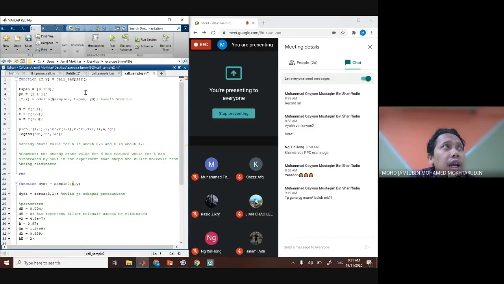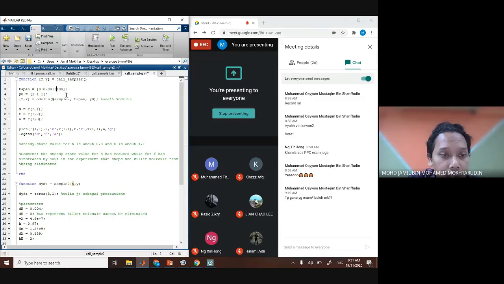Yang ketiga, I think your boundary condition. Boundary condition tu maybe like in ODE, it's your initial condition lah, maybe initial condition yang salah ataupun tak tepat. Lastly is your time stepping. Kita guna automatic time stepping, tapi sometimes kita kena guna time stepping yang kecil, kena buat dia halus lah.